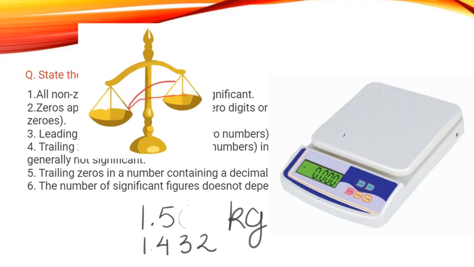In that case the shop owner will say chalta hai, because they are almost equal, so you can take this sugar. But if you measure it in this weighing machine, you will say no, see, you are giving me less sugar. Why? Because of these significant figures behind the decimal. Fine.